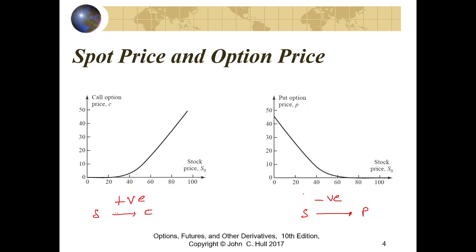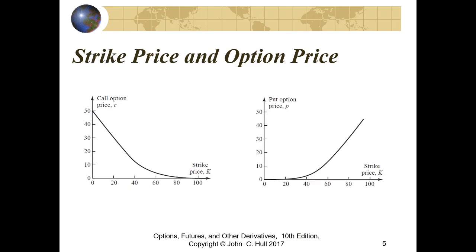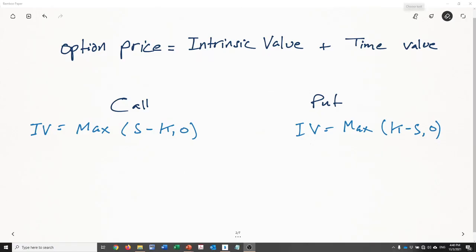Okay, let's look at the effect of changing the strike price. Now, we fix all other factors. They're all the same, they will not change, and we only change the strike price. So let's see what will happen. Now, if we increase the strike price, what will happen to the intrinsic value for a call option?